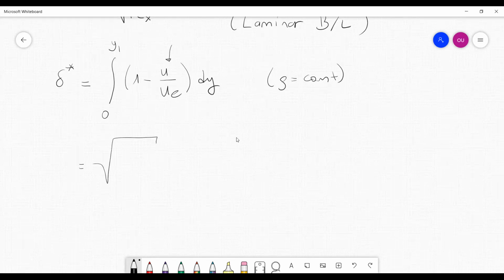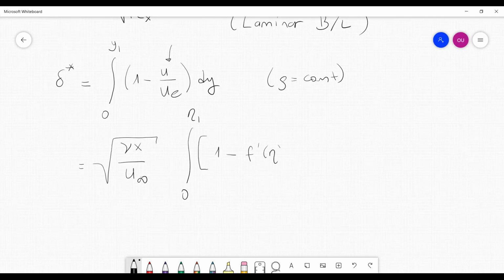This will be equal to the square root of nu times x divided by U infinity, integrated from 0 to some eta value instead of y, let's say eta 1, of 1 minus f prime of eta d eta.